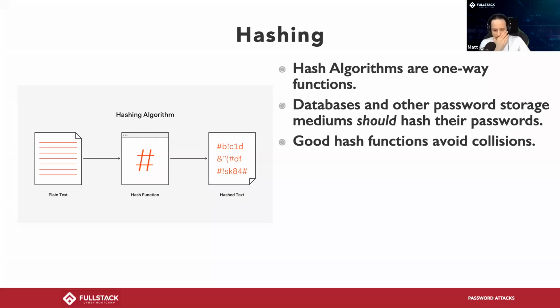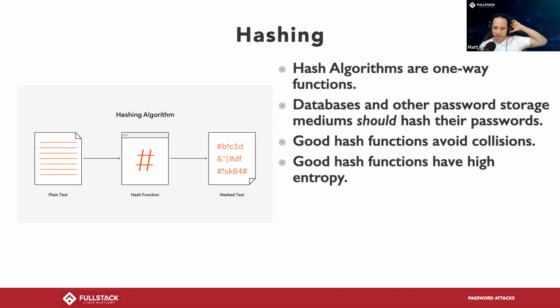Now, good hashing functions should avoid collisions. This is where 2 different inputs hash to the same output. Bad hashing algorithms have more collisions. So bad hashing algorithms are the older ones, like MD5, which is known to have more collisions. The newer, more popular ones like SHA-256 and 512 have much lower frequency of collisions.